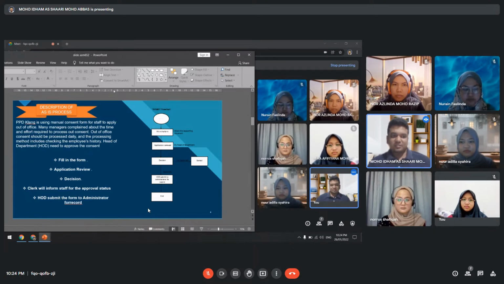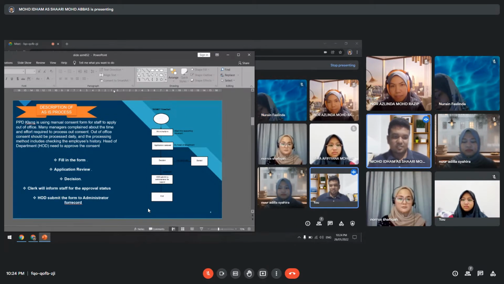The Head of Department, HOD, needs to approve the consent. The process flow in the current consent is fill in the form, application review, and decision. The clerk will inform the staff about the approval status, and HODs need to submit the form to the administrator for record.